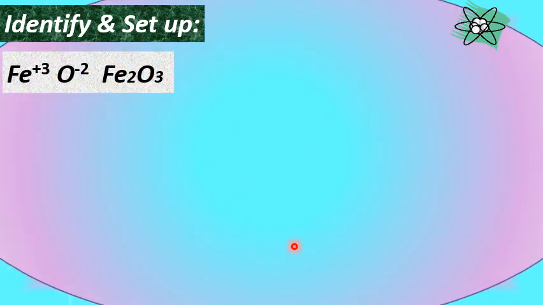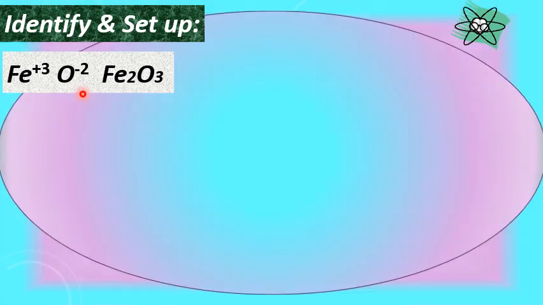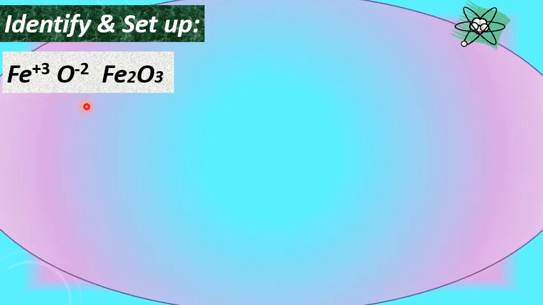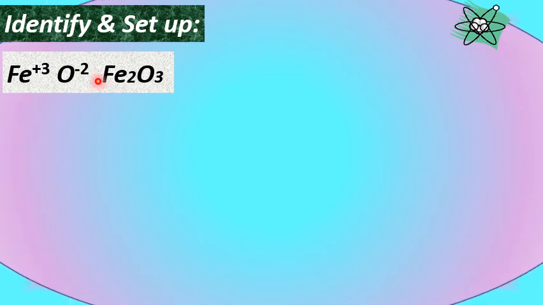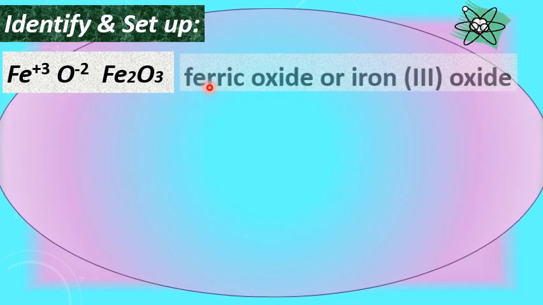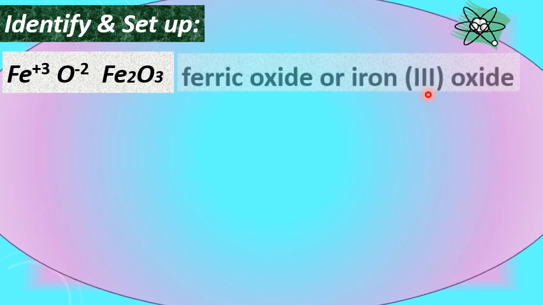Next example, we have a positive 3 iron combining with the negative 2 oxide ion, forming the compound Fe subscript 2 O subscript 3, which we read or write as ferric oxide or iron Roman numeral 3 oxide.